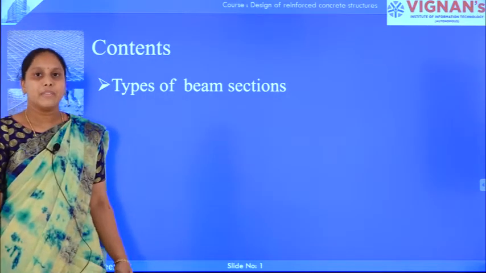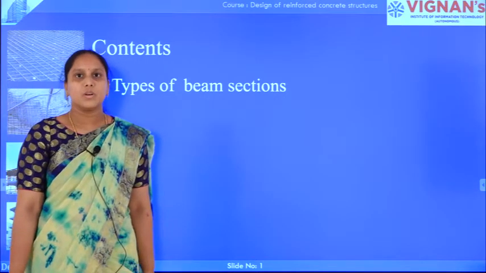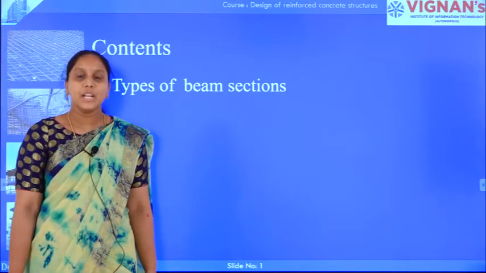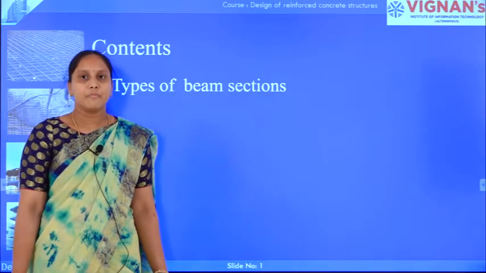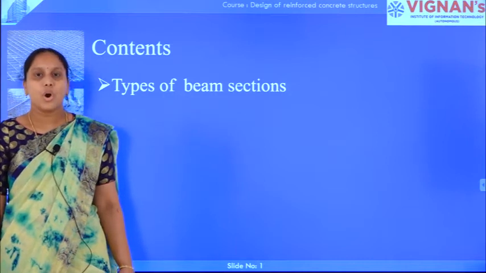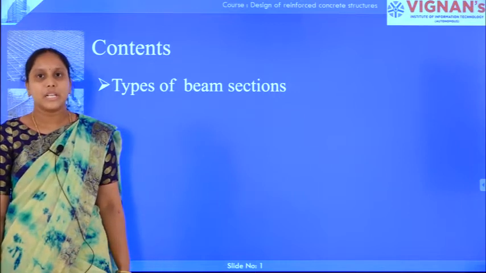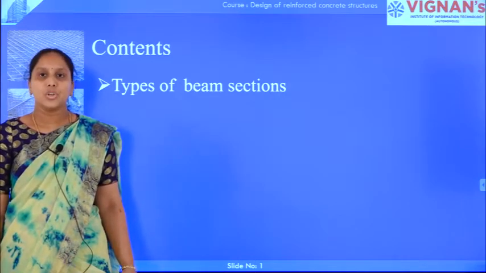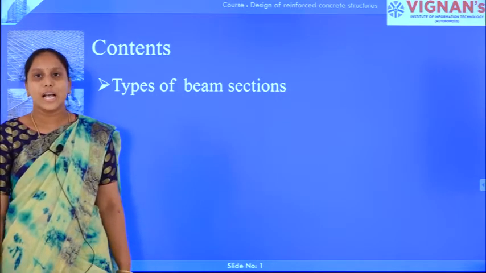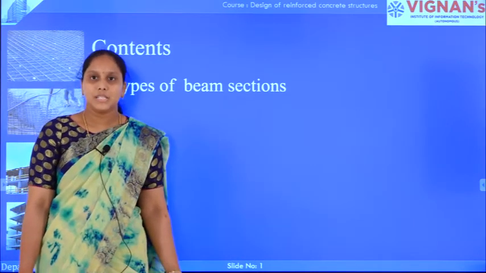In the previous session, we have already discussed beams and the different types of beams: based on the placement of reinforcement, based on the supporting systems, based on the type of material used, and based on the shape of the cross section. So, in today's class we are going to see the types of beam sections.